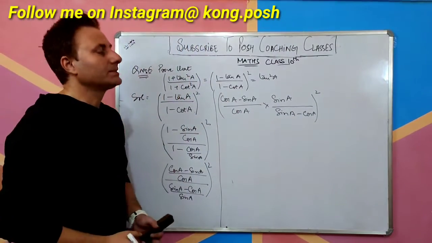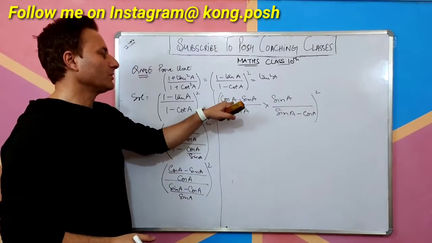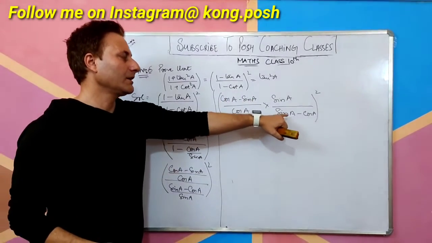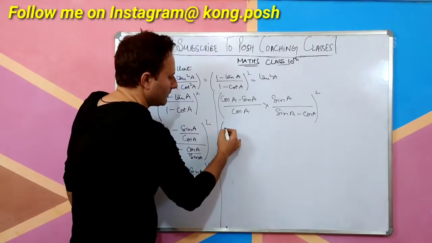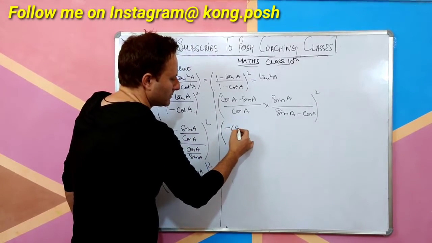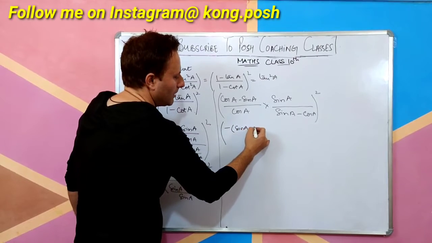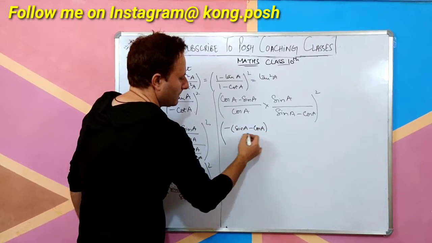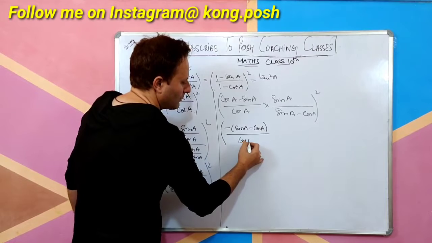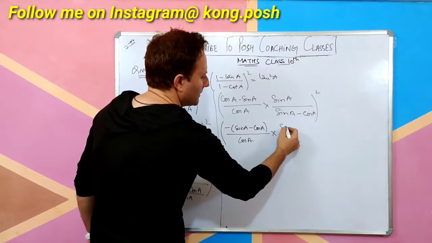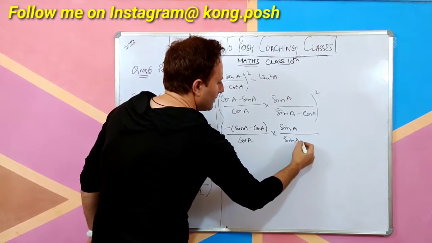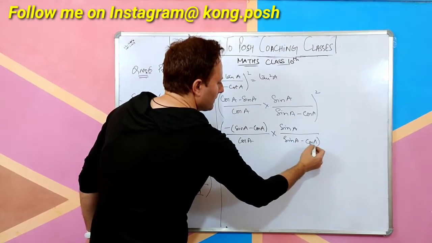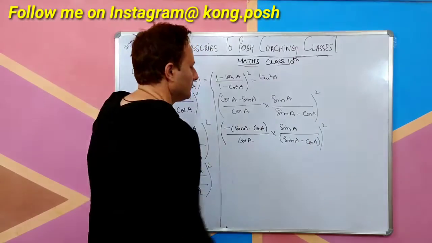Now I cannot cancel out anything because here I have cos A minus sin A, here I have sin A minus cos A. One thing I can do, I can take minus out, it becomes sin A minus cos A upon cos A multiplied by sin A whole divided by sin A cos A. Don't get confused here.